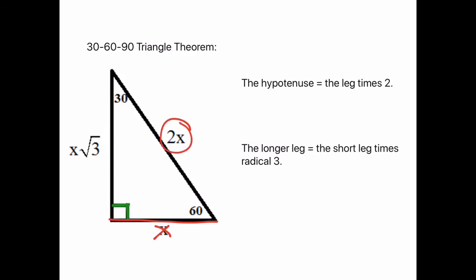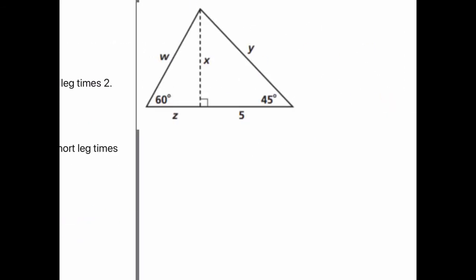So 2 times the short leg will always get you the hypotenuse. And for the long leg over here, it's always the short leg times radical 3, so x times radical 3. Again, the Pythagorean theorem will also work for these, but the special triangles are kind of a shortcut way to answer these. So let's go ahead and do one of the problems from your homework.